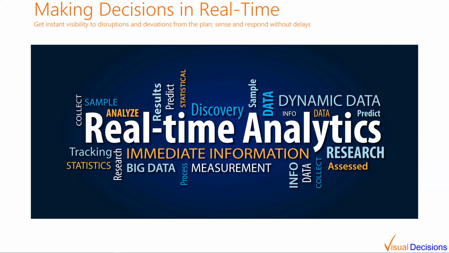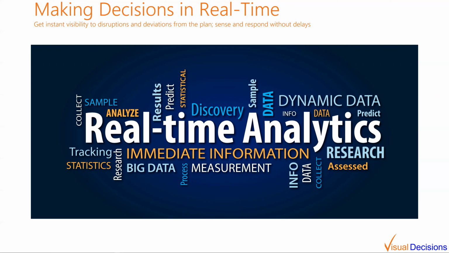How can we filter that? How can we process that information in such a way that we can present just those key pieces of information that are needed to make those decisions in real time, that lets us see where are the disruptions, where are the deviations from the plan?